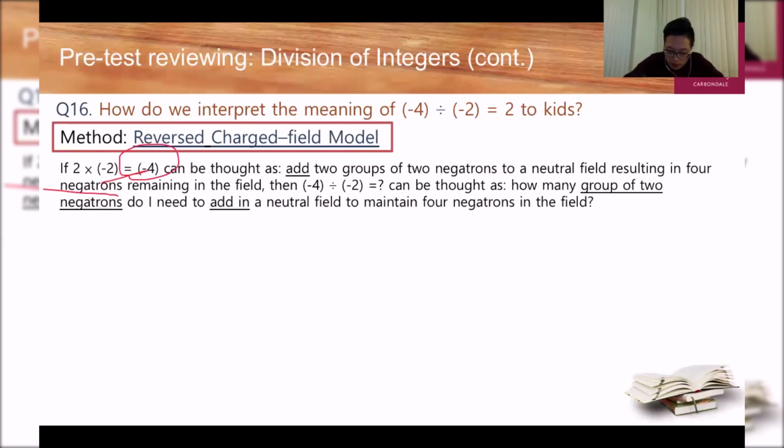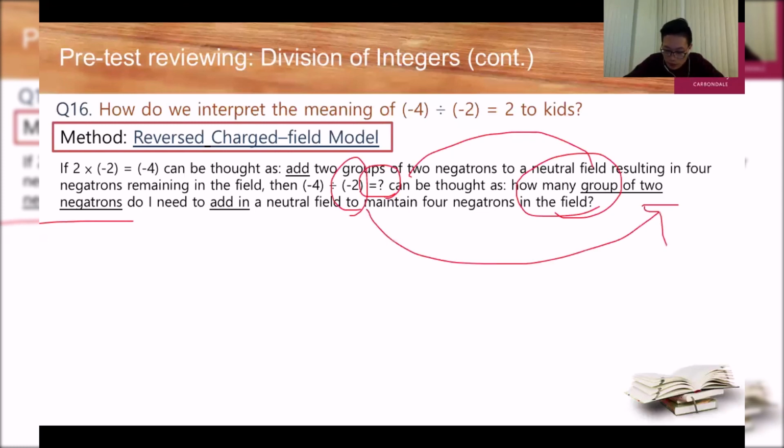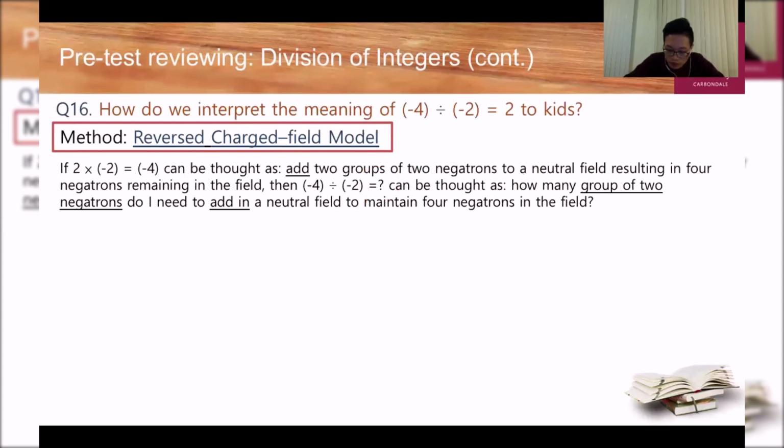Okay, so let's reverse it back to the question. -4 divided by -2 can be thought of as how many groups of 2 neutrons, the divisor, that I need to add in order to maintain 4 neutrons in the field.